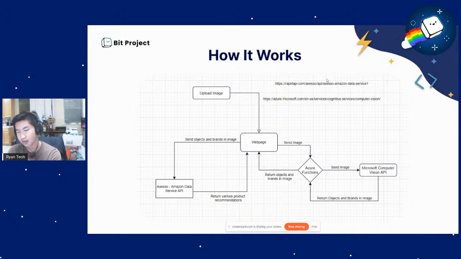Like, let's say you uploaded a picture of an Adidas soccer ball, it would return Adidas and soccer ball. Then those objects and brands are sent to Amazon's data service API, which is used to create product recommendations.